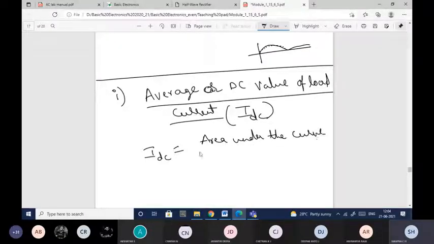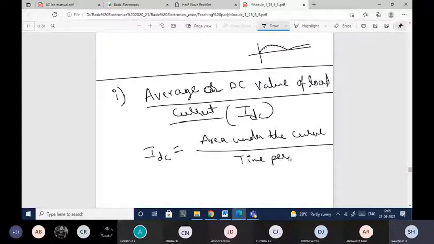Because here it is not a DC signal with constant values which I can add and divide by the total number, I need to go with the integration. Integration means finding the area under the curve, divided by the time period.